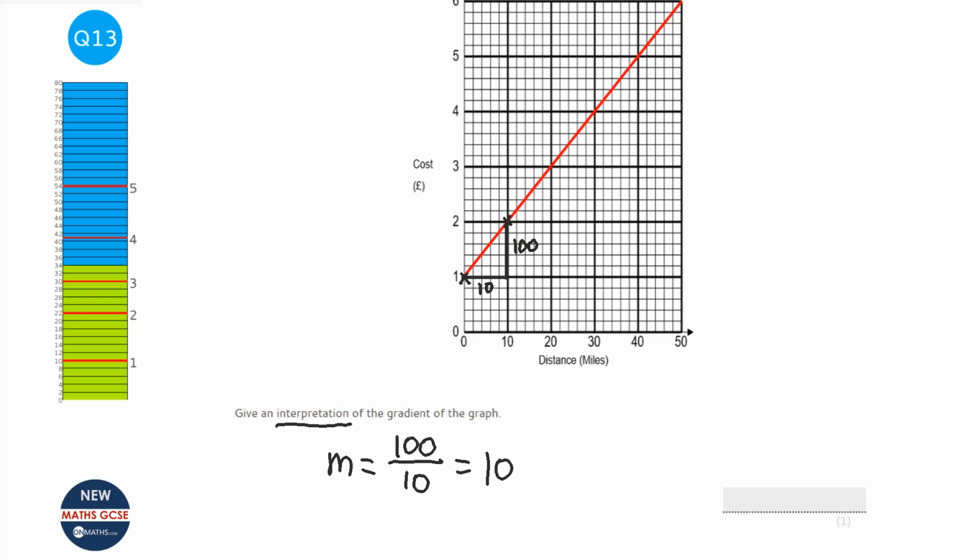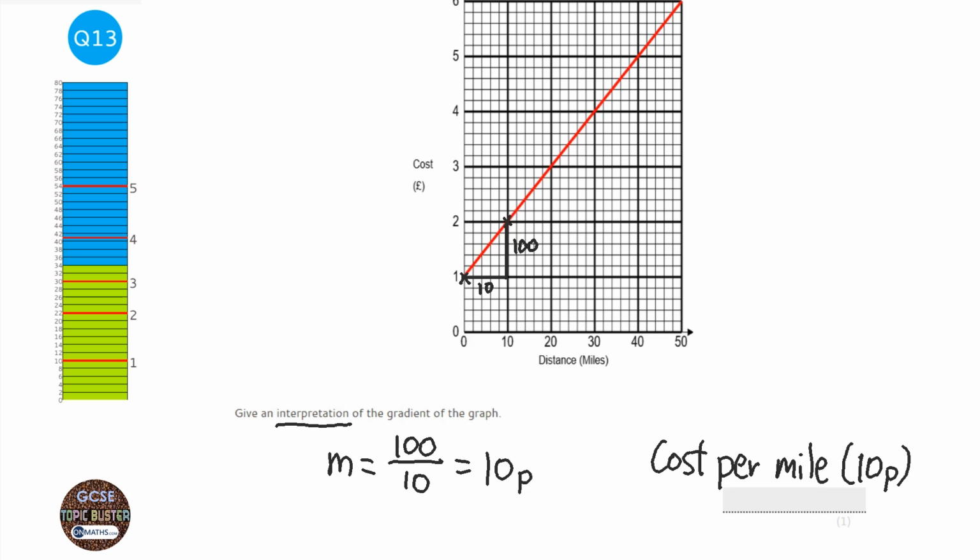Well, it means for every 1 mile that we've gone, it's going to cost 10 pence. Now remember, I converted this into pence, instead of pounds. So the gradient is the cost per mile. And I'm going to put in brackets 10p.